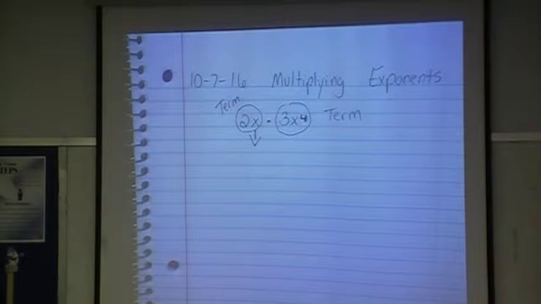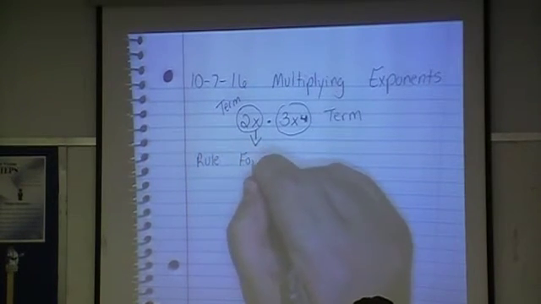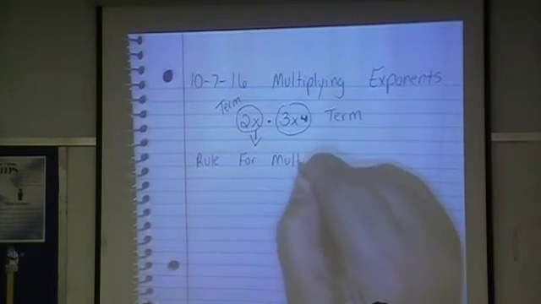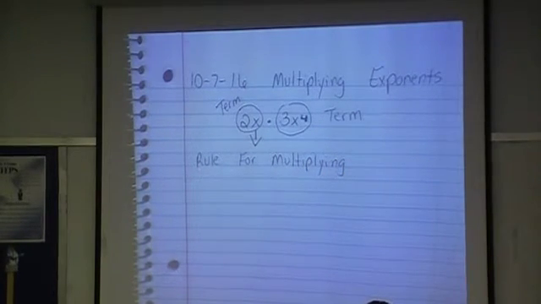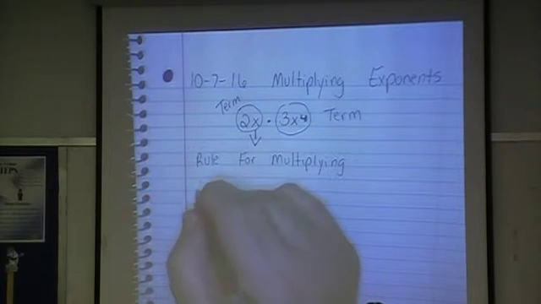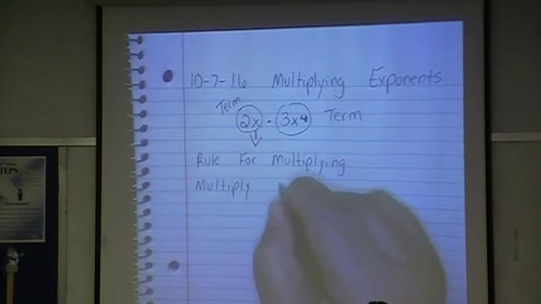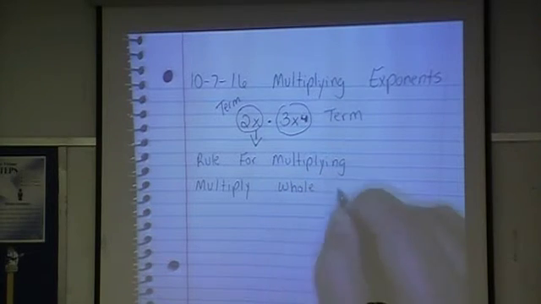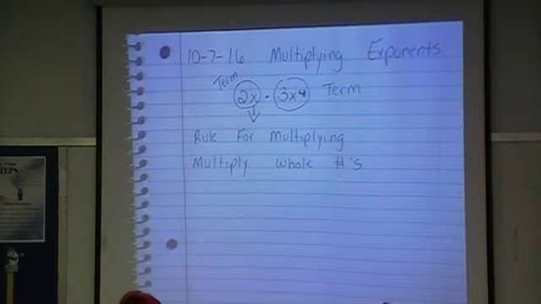But you cannot combine an x with a y. Now, the rule that you're going to follow, the rule for multiplying: you will multiply your whole numbers.